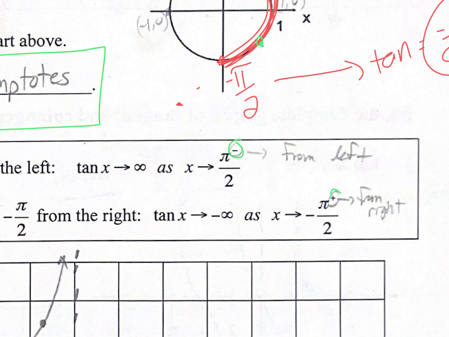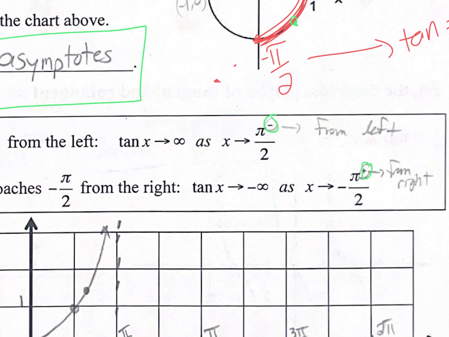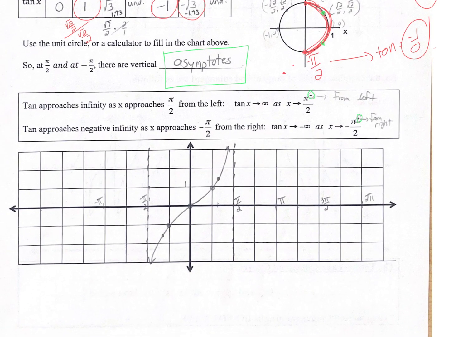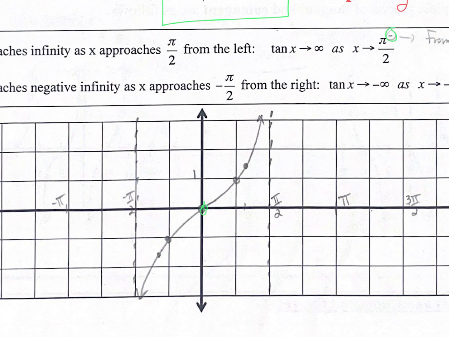And if we approach negative pi over 2 with a plus sign, that means we're approaching it from the right. So when we graph it using the table above, 0, 0, pi over 4 is now one box, so pi over 4 is at 1. Negative pi over 4 is negative 1. Pi over 3 is 1.73, and negative pi over 3 is at negative 1.73.